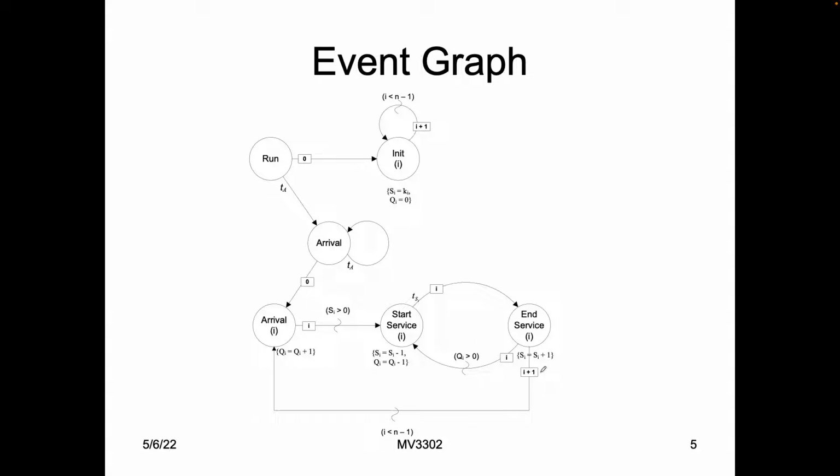Event graphs are kind of loosely typed in that way, but Java is strongly typed. So in the implementation, obviously this is going to be an integer, and the Qs and Ss are going to be integer arrays.